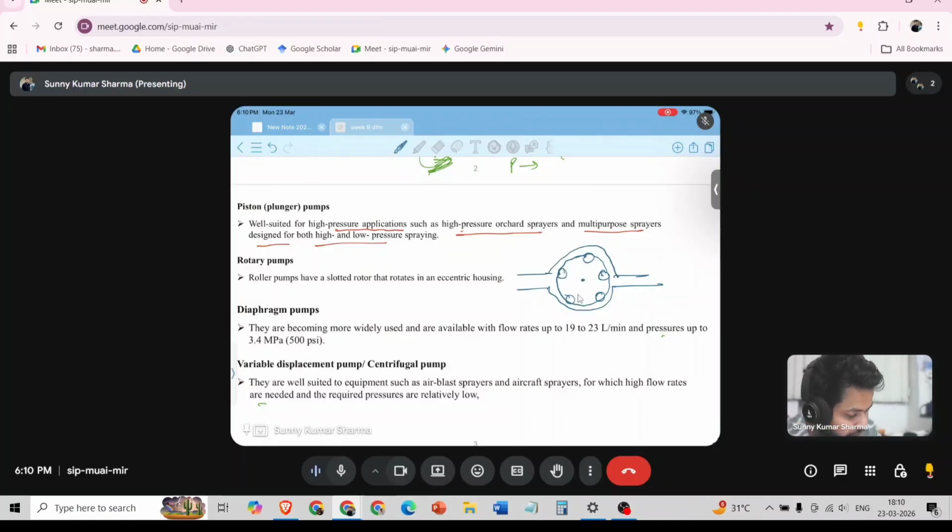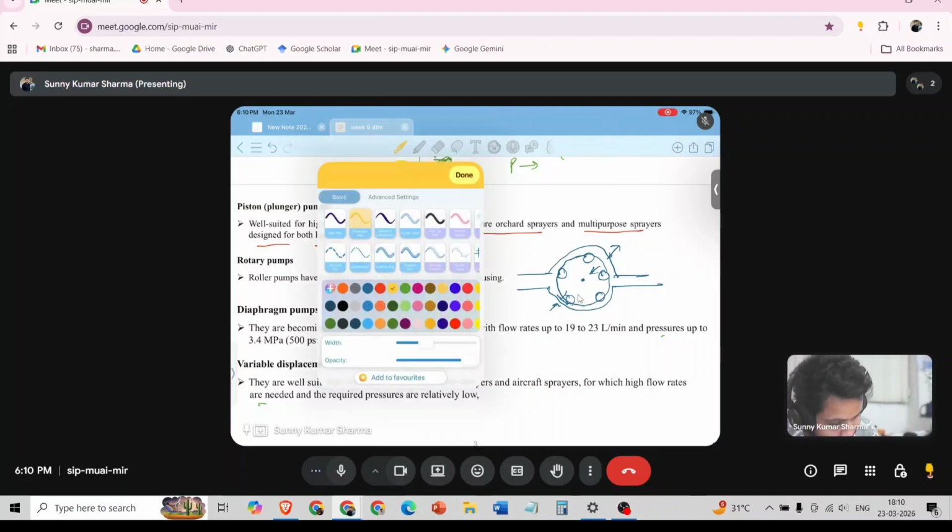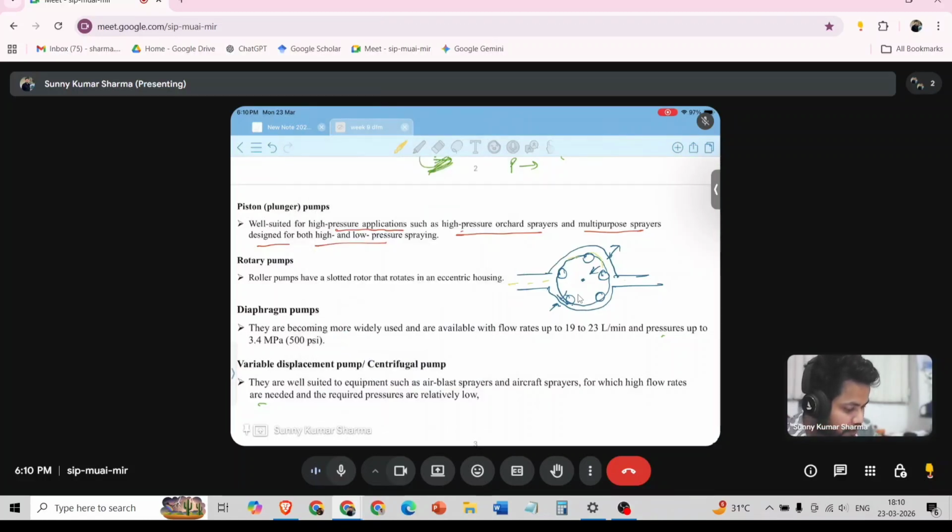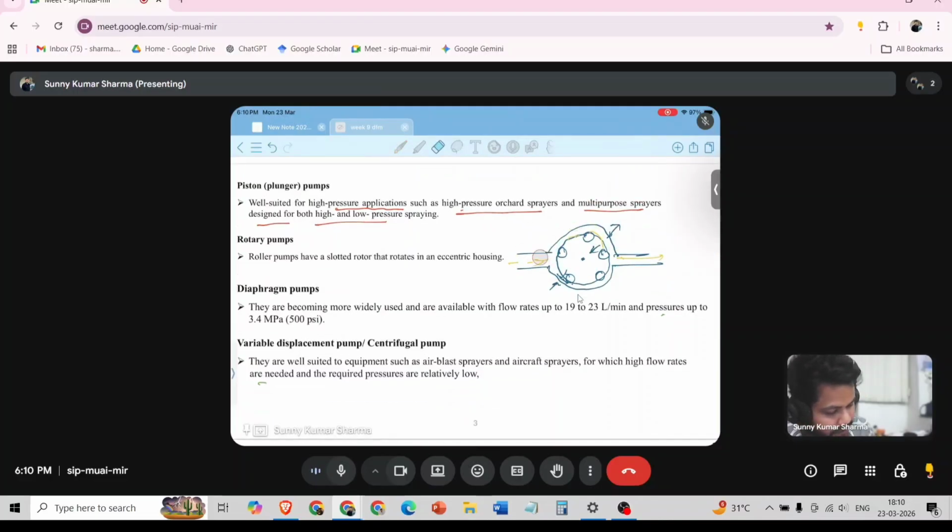During that, it will get closer to one side, and at the same time there will be a space on the other side. So liquid will move in this direction: in one direction it will enter, and in one direction it will exit. So this is a rotary pump.